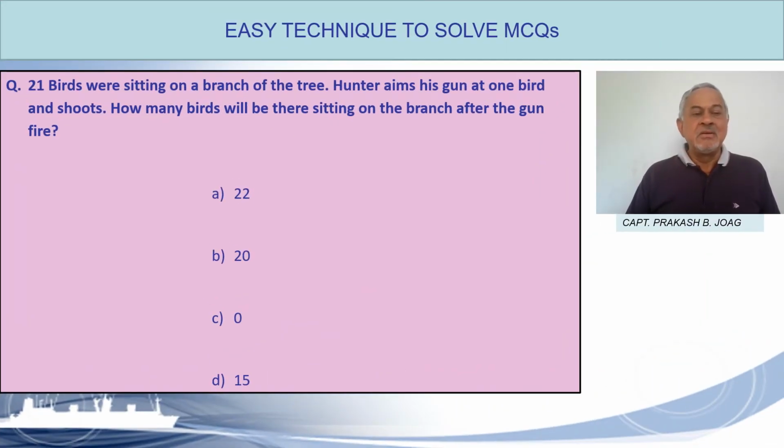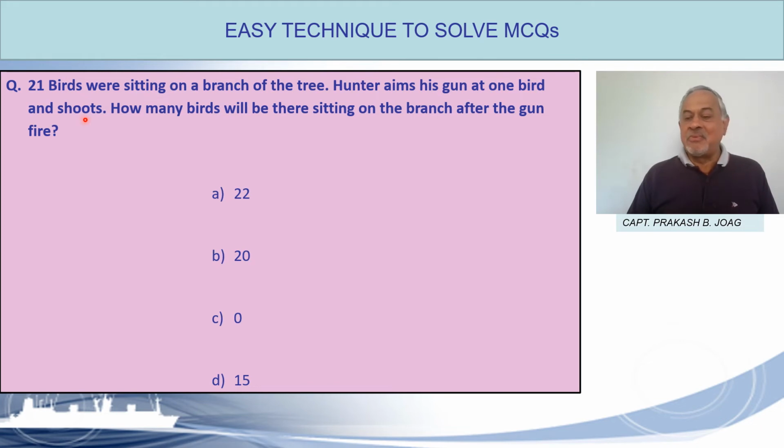See here, this is a different type of question altogether, and you will have to use a little logic in this question. 21 birds were sitting on a branch of the tree. So how many birds were sitting? 21 birds were sitting on the tree. Hunter aims his gun at one bird and shoots.